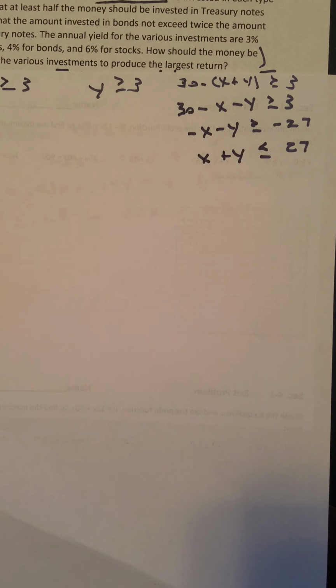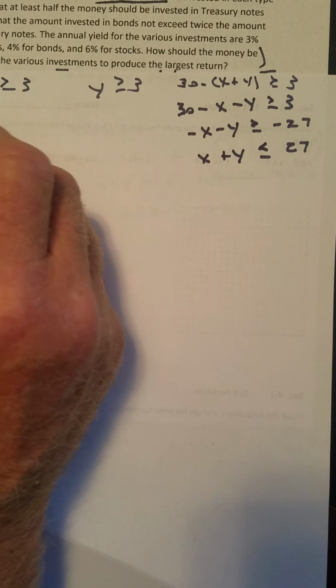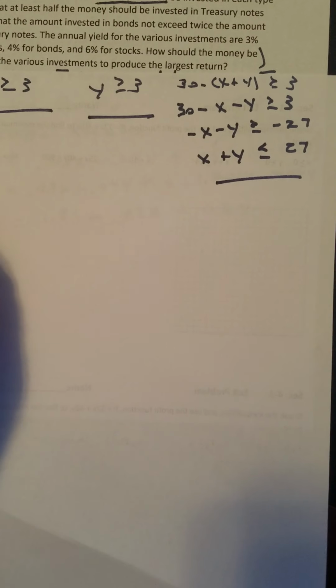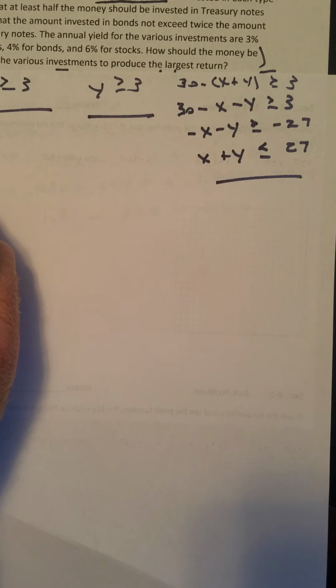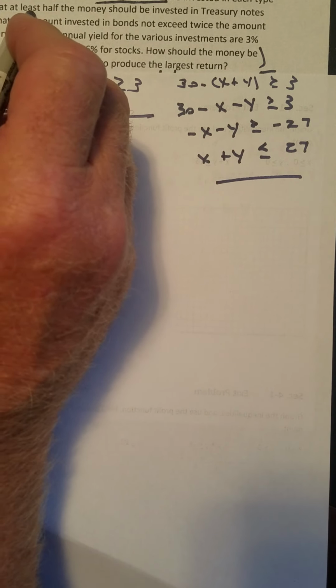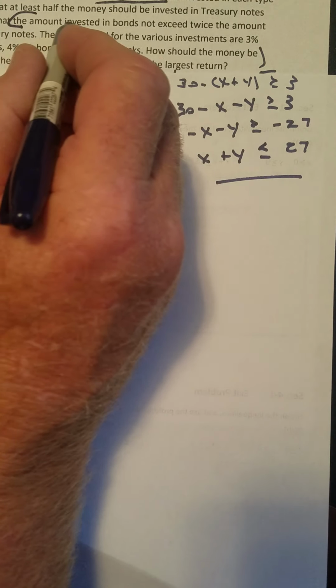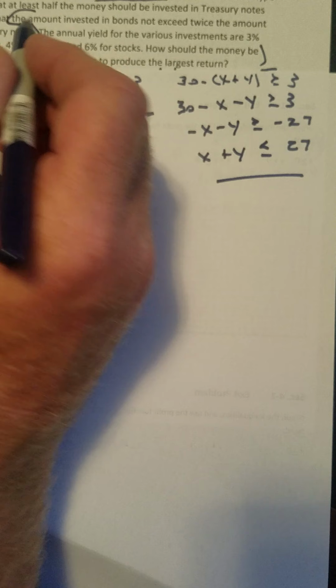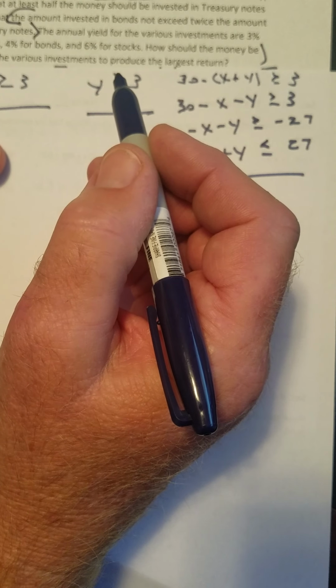So right now we've got 3 inequalities. We got this one, and this one. And there's one more. It says somewhere in here, right here, the amount invested in bonds not exceed twice the amount in treasury bonds.